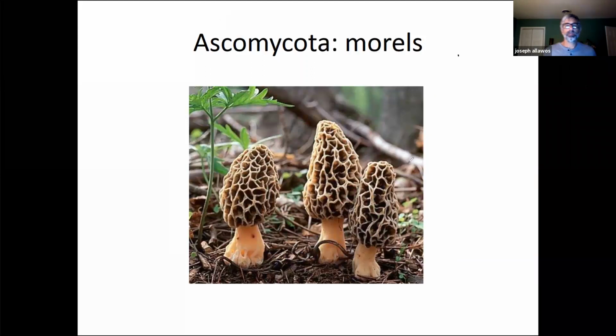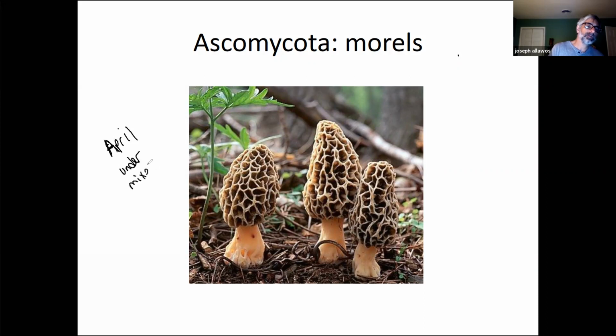That's helpful. So, when's the truffle or the morel season? April. You could just think of the month of April as probably when you're going to find them, if you're going to find them, under mixed hardwoods, especially ash.